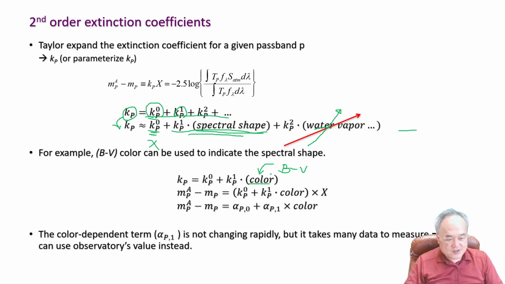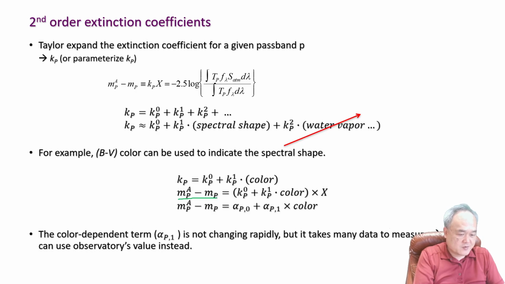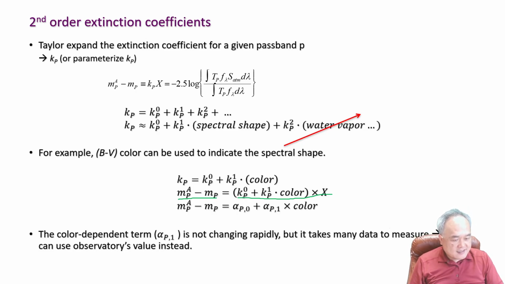Then this extinction coefficient is simply expressed as the zeroth order term plus the color dependent first order term. When we express the relationship between the atmosphere-affected versus atmosphere-free magnitude, we can express it like this. The K zeroth order term is multiplied by the air mass, and the color dependent term is multiplied by the air mass.